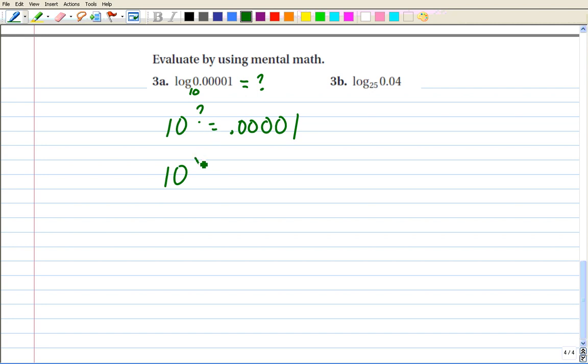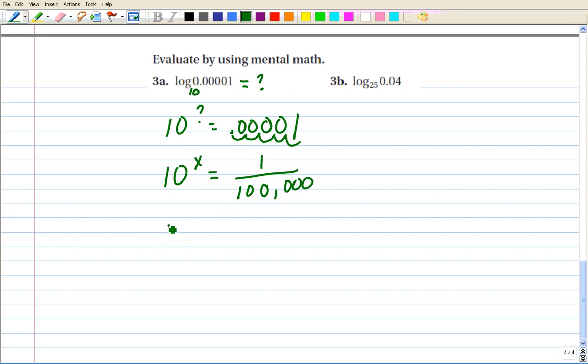So 10 to what power is equal to 1 over, so this would be tenths, hundredths, thousandths, ten-thousandths, 100,000. We know that this exponent will end up being negative because it's 1 over. So 10 to what power gives me 100,000?